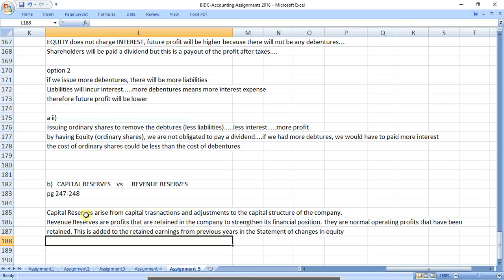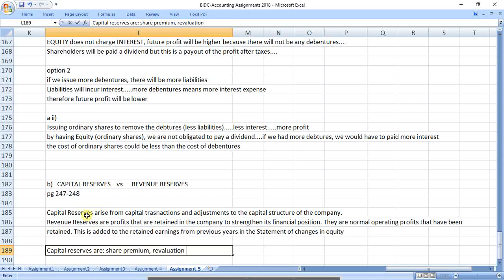So capital reserves are: share premium, revaluation reserve, and capital redemption reserve. Those are the 3.